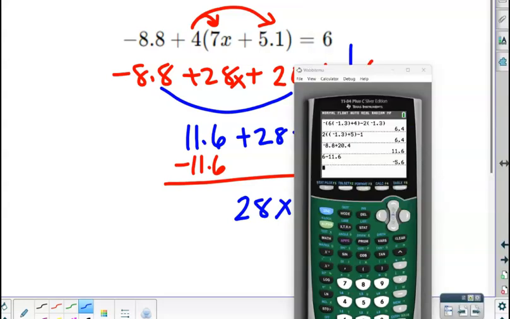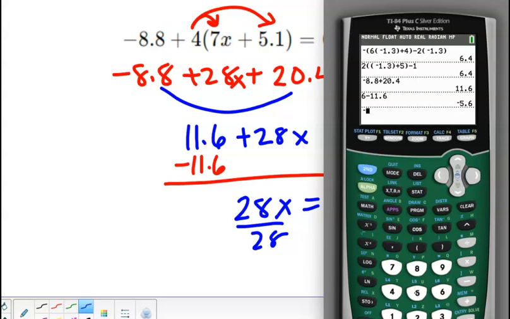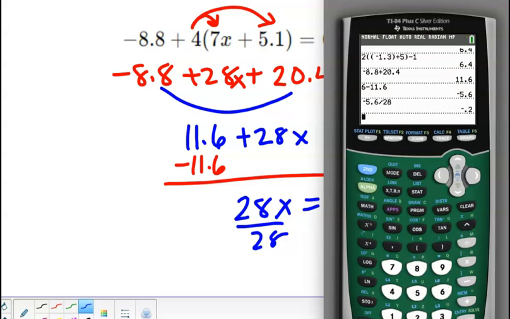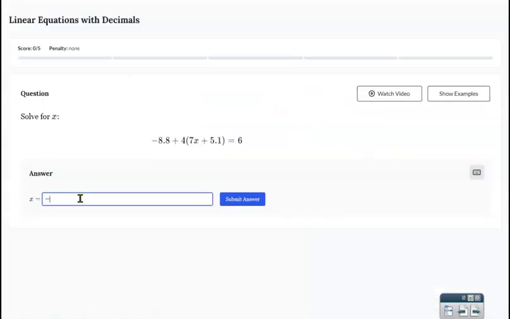And I get -5.6. We'll divide by 28. And let's see what we get. -0.2. -0.2.